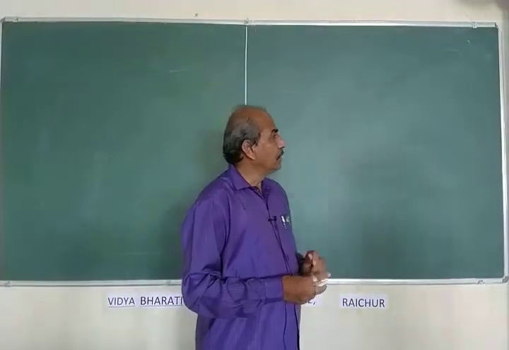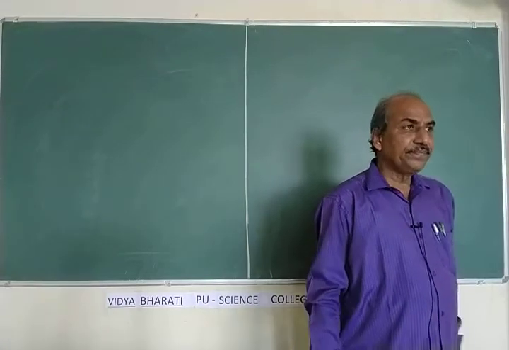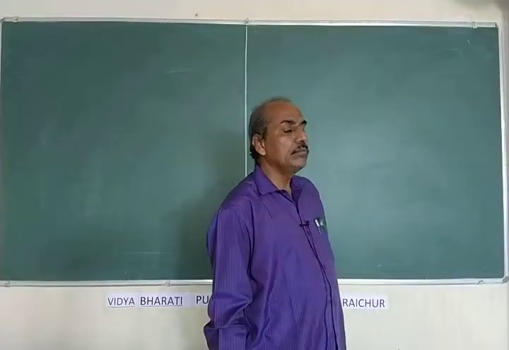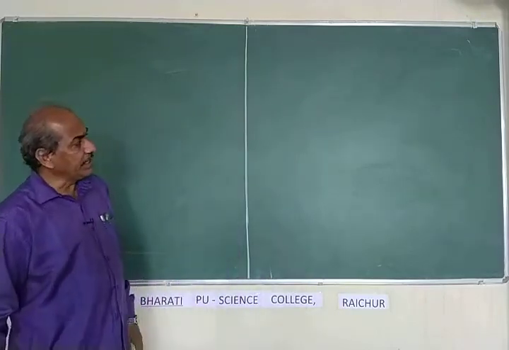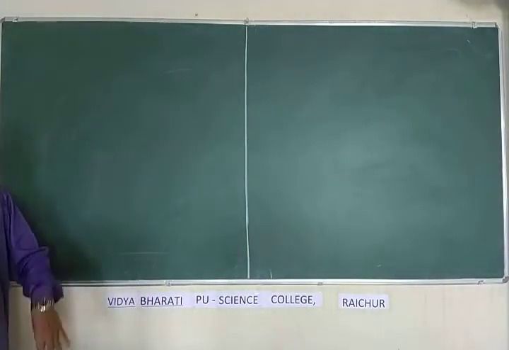In the last class we derived two formulas: the integral of e to the power ax into sin bx dx, as well as e to the power ax into cos bx.